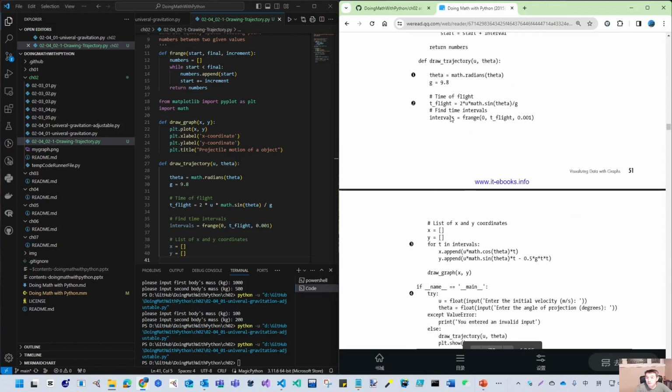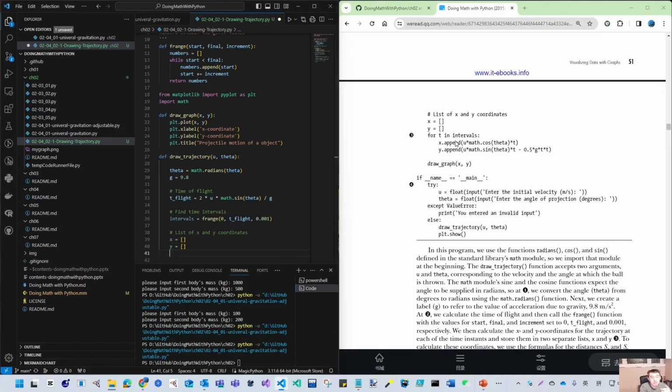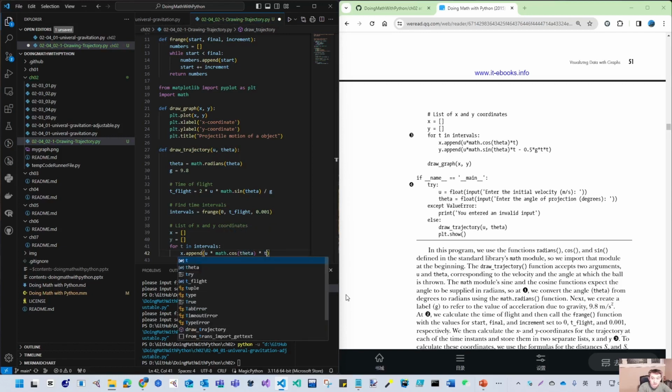So we will just put those formulas into our computer. So now you can see here we will have this matching: every t in the interval will have an x and y pair. So for t in intervals, x.append(u times math.cos(theta) times t).